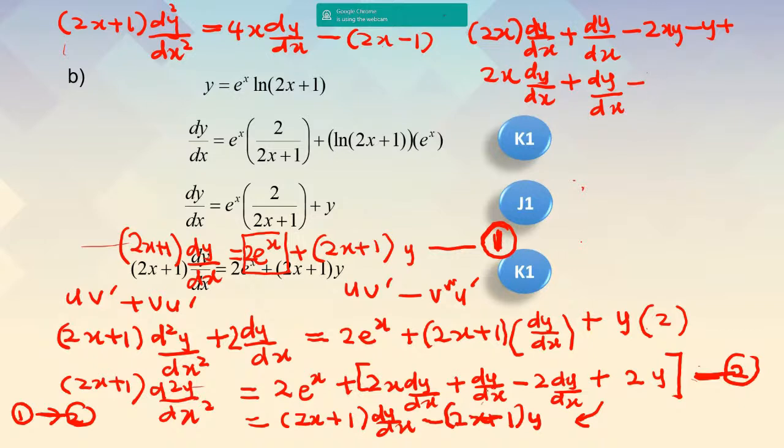We can simplify dy over dx with dy over dx minus 2 dy over dx, so 1 dy over dx, then plus 2y. Then the right hand side copy from the left hand side.